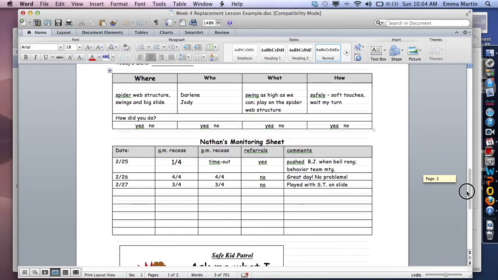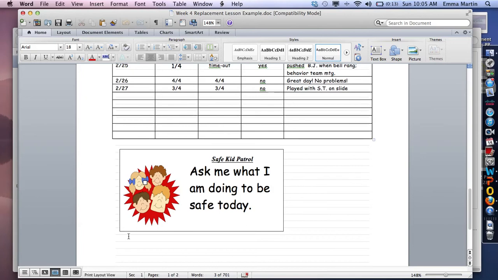We had a monitoring sheet that we kept track of how well he did. And here's the sticker that he used as well. So he got to wear this, but so did the other student who played with him. So, you know, we could reinforce that individual as well.